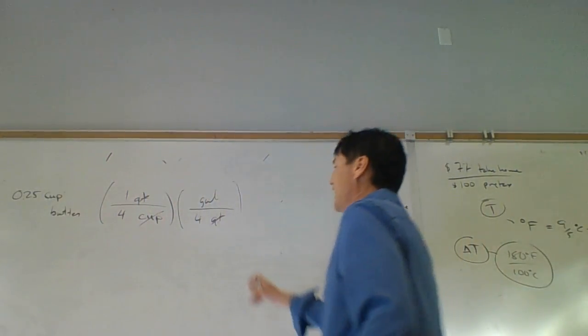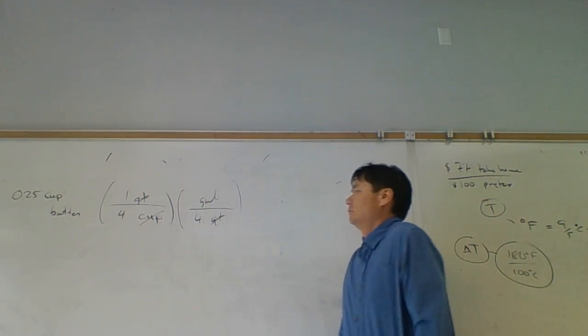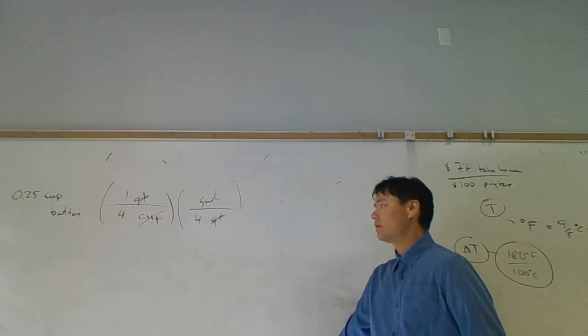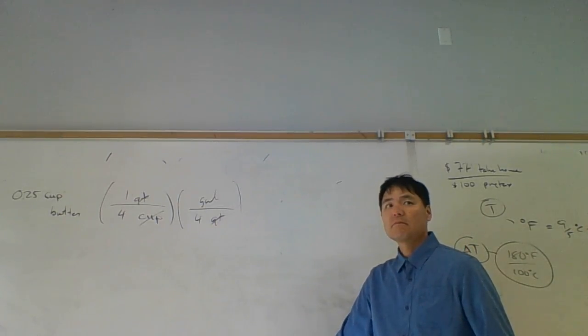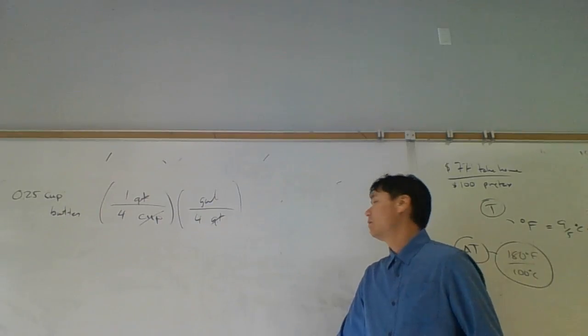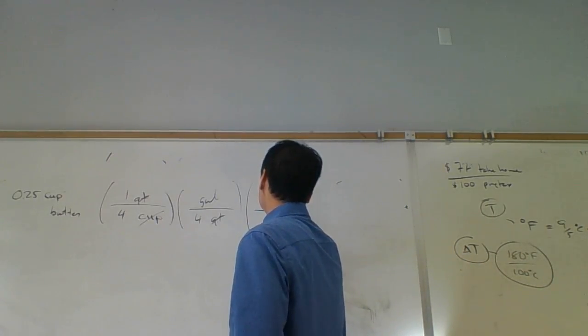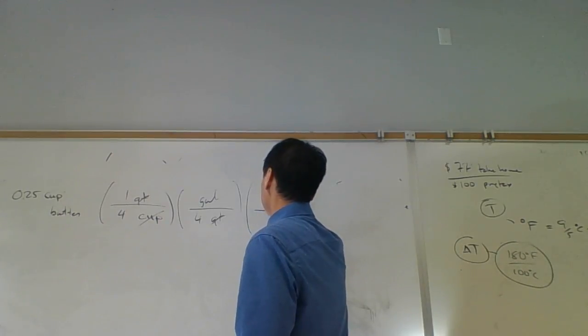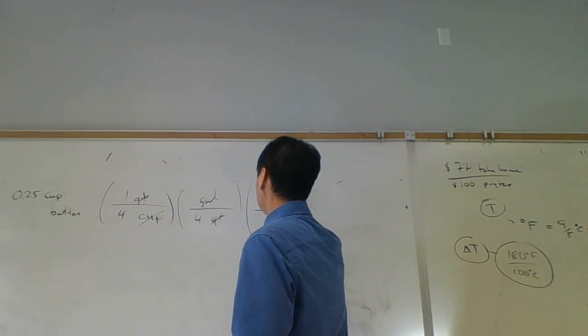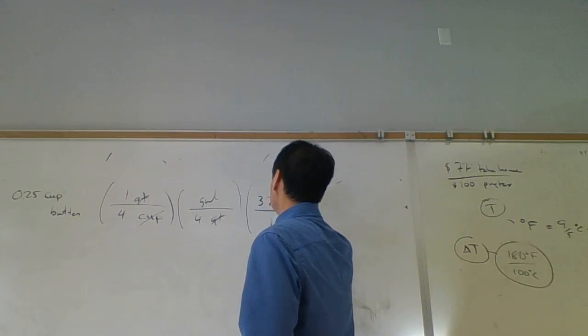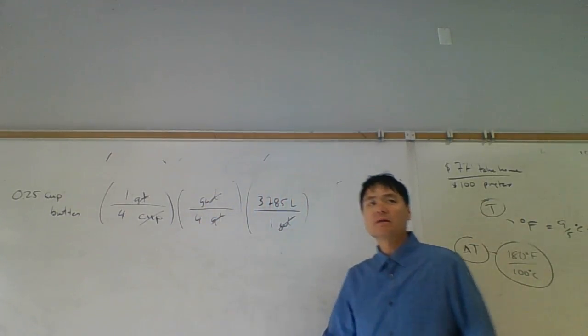So now I'm at gallons of butter. Where can I go from gallons of butter? I know 1 gallon is equivalent to 3.785 liters. And so now I have liters of butter.